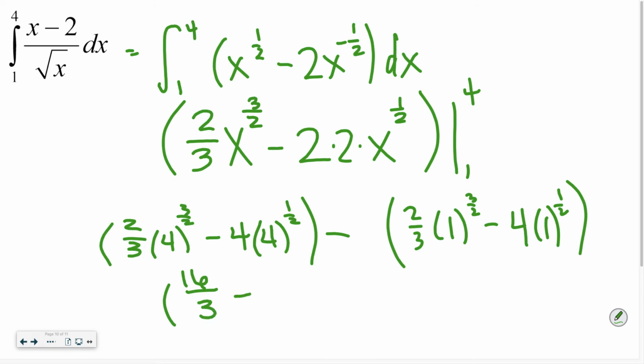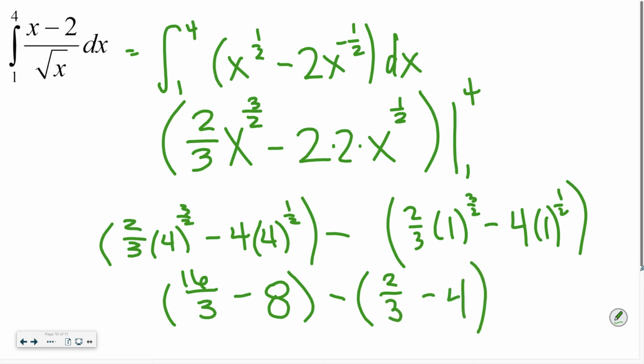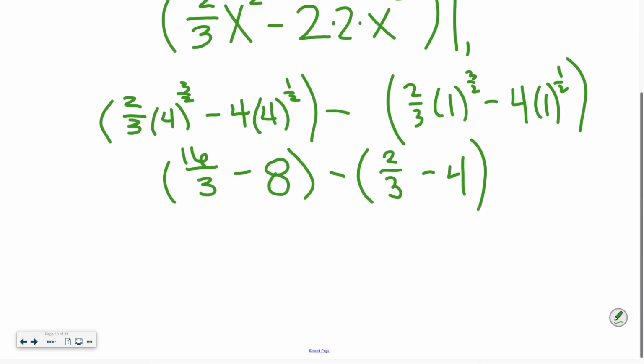Minus 4 times 4 to the 1/2 would give us 8. Minus 2/3 minus 4. What's 16/3 minus 2/3? 14/3. Negative 8 minus negative 4. So now we have 14/3 minus 4.